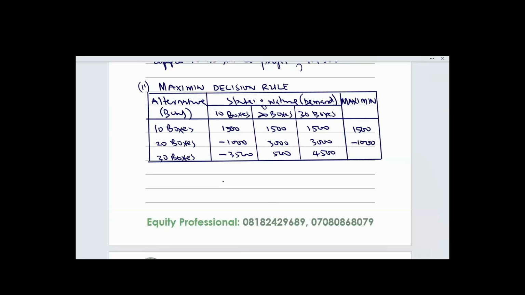Then in the third row, minus 3,500 is the least. To make a decision, you then select the maximum of the minimum values. So 1,500 is the maximum of the minimum. Therefore, the company should buy 10 boxes of apple.